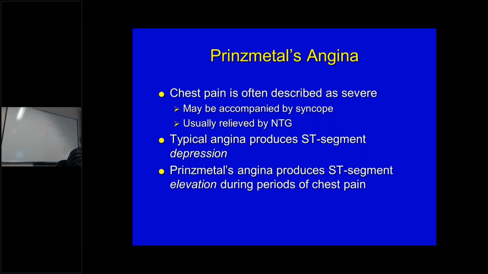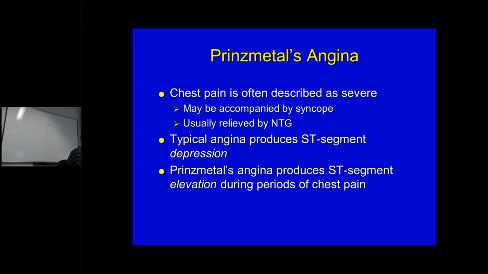Now, when you say smooth muscle relaxant, other medications won't really work for Prinzmetal, and the onset of those medications would be way too late, so it wouldn't be effective.